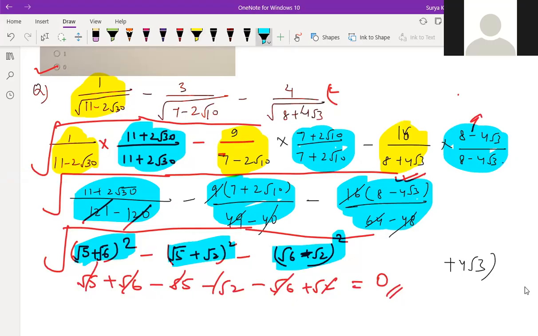Yes. Okay, sir, but then after rationalization, we got 1 as the denominator, 9 and 18. That got cancelled here only. See, that got cancelled, the denominator part. See 49 minus 40 is 9. The 9 gets cancelled here only. Here 16 is coming in the denominator. This also 16 gets cancelled, right? Okay, yes, sir. So denominator part nothing is there, right? Okay, okay, sir.